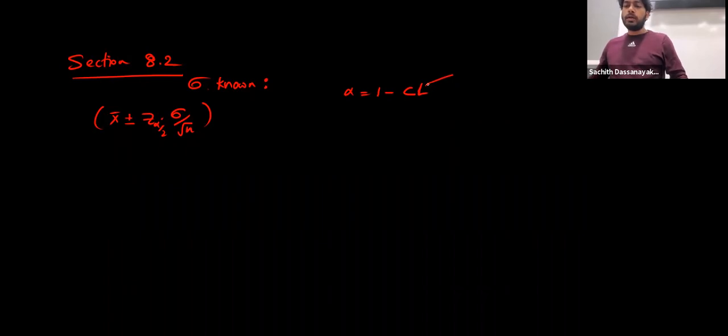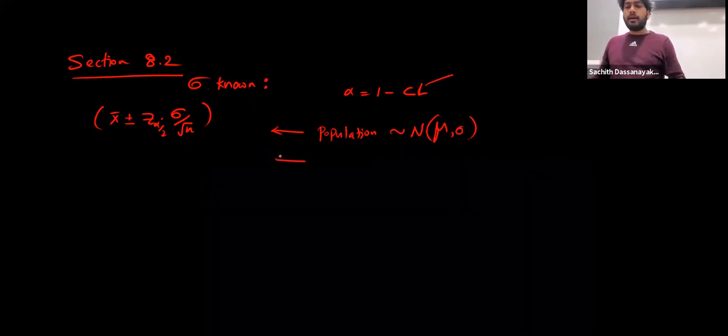What are the two scenarios we use? As I mentioned before, the population is normally distributed with mean mu and known sigma, then you can use this. What is the other one?